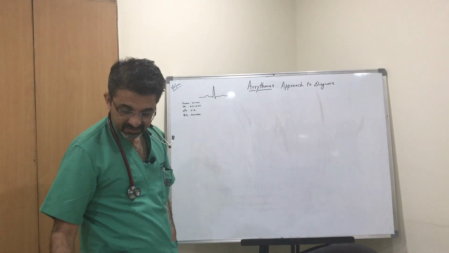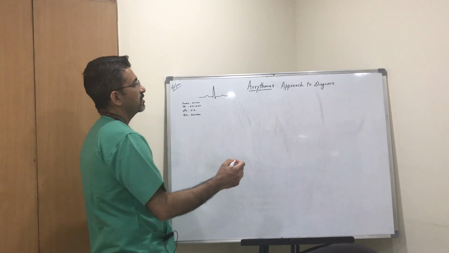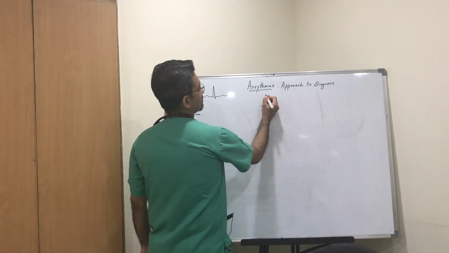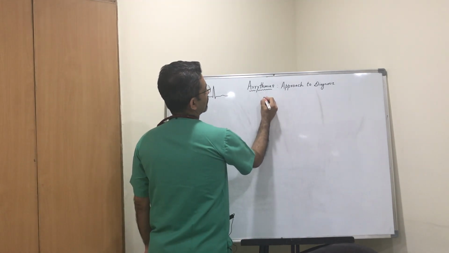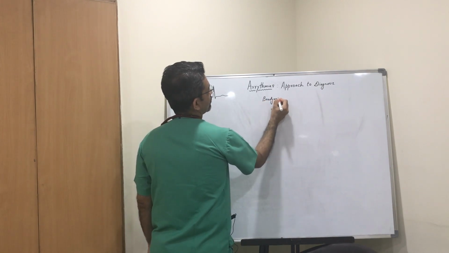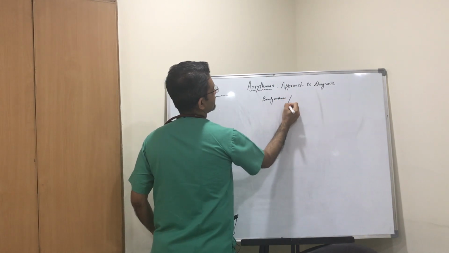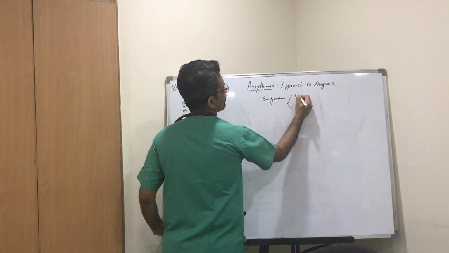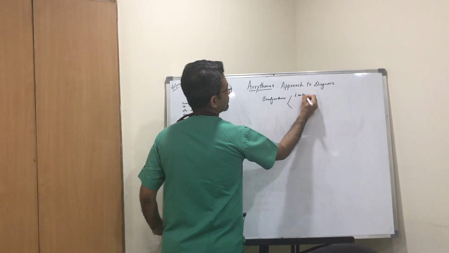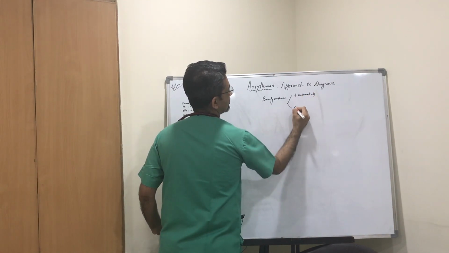So I'll just recapitulate a few things from the last lecture that we need to understand. Basically, when we talk of bradyarrhythmias, there are two things: one is decreased automaticity and conduction block.